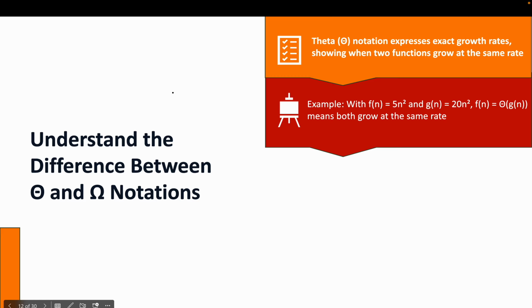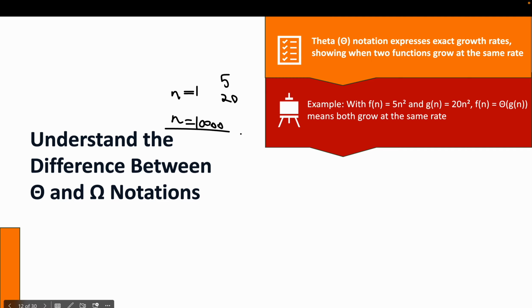If you consider, for example, n equal to 1, then f will be 5 and g will be 20. Of course, g is more than f. But if you consider n as, for example, 10,000, then you can see that f and g are very much the same.